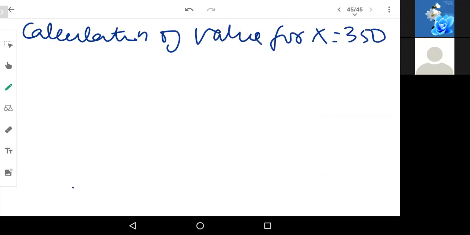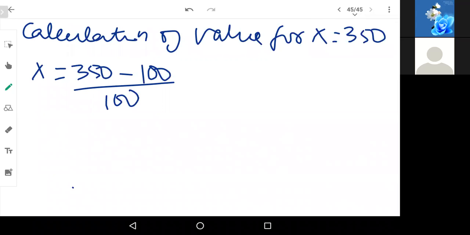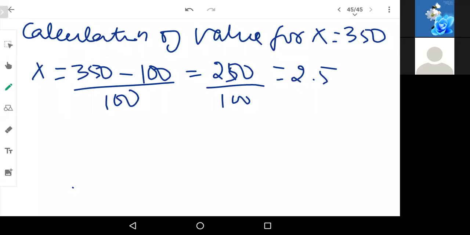Now calculation of value for x will be x is equal to 350 minus origin value is 100 divided by 100 will give you 250 by 100, which is 2.5. Okay. Now take this 2.5 and again find the value of x for the same formula, y0 plus x into leading difference 1.